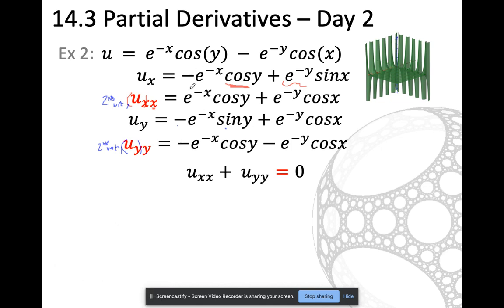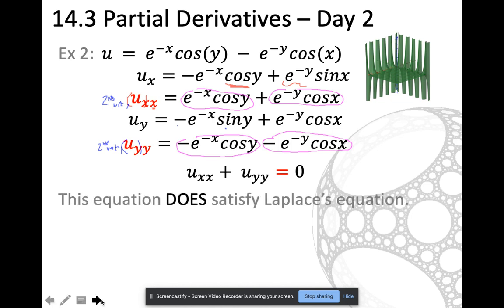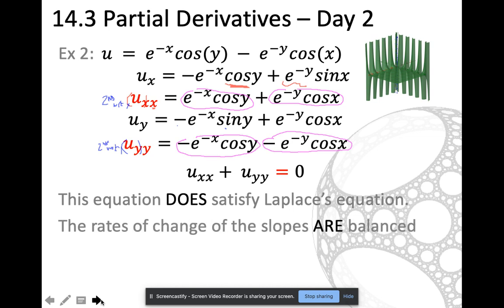E to the negative x cosine y added to negative e to the negative x cosine y cancels out. E to the negative y cosine x added to negative e to the negative y cosine x cancels out. The second derivatives added together equals 0. Therefore, this equation does satisfy Laplace's equation. The rates of change of the slopes are balanced. We say this function represents a steady state.